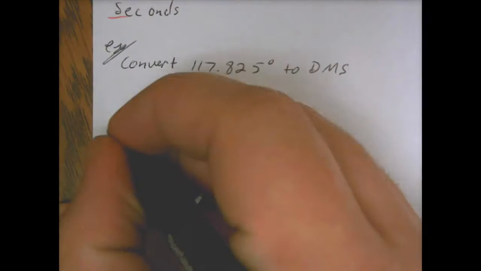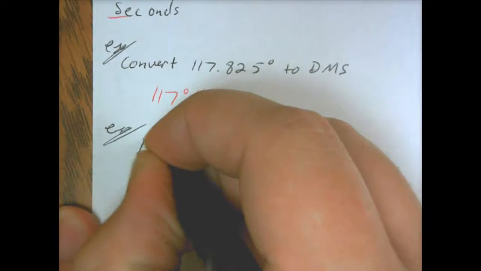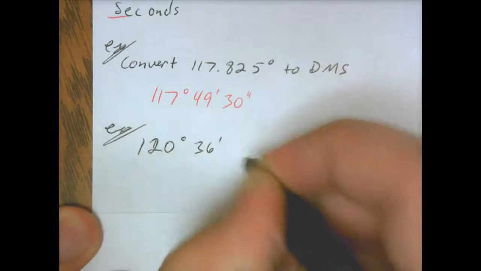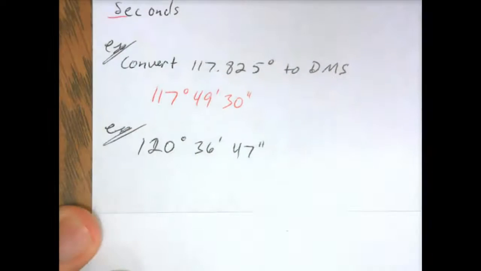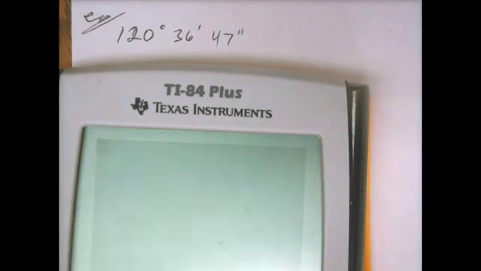Okay, so likewise we can go the other way. Say we are given, I don't know, 120 degrees, 36 minutes, and 47 seconds. We can take that and convert it to decimal degree form. And all we have to do there is just punch it in, exactly like we see.